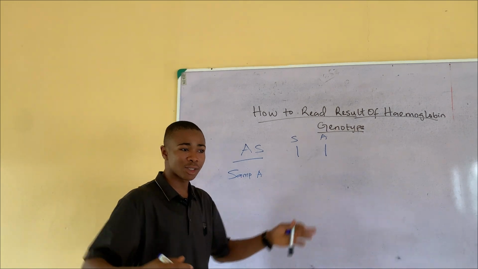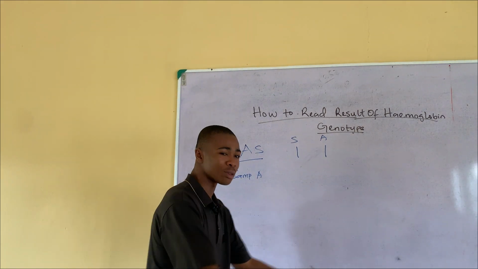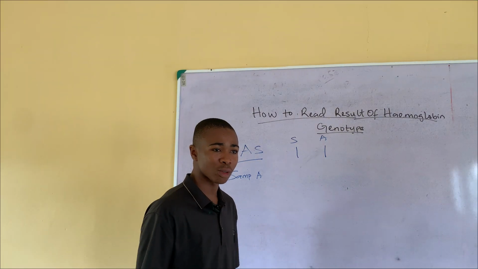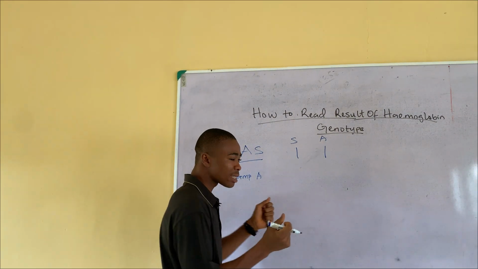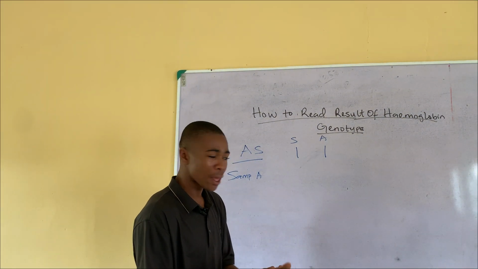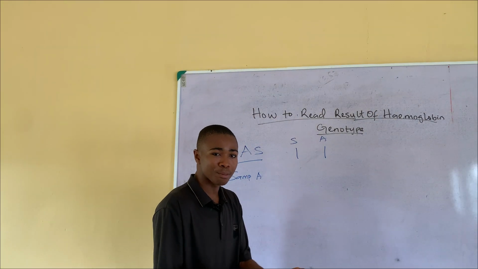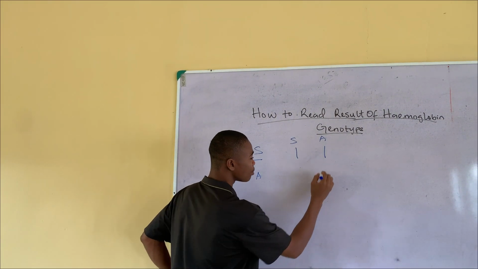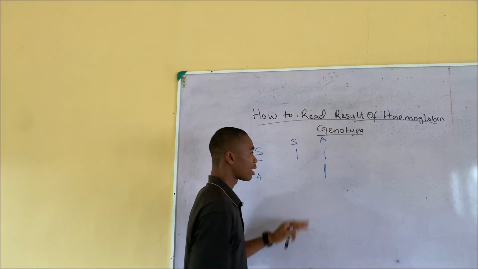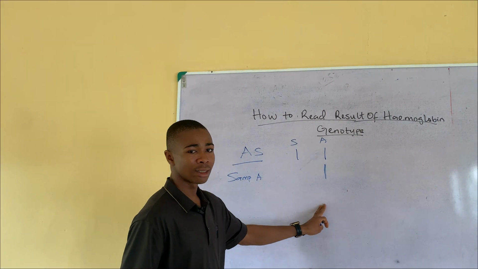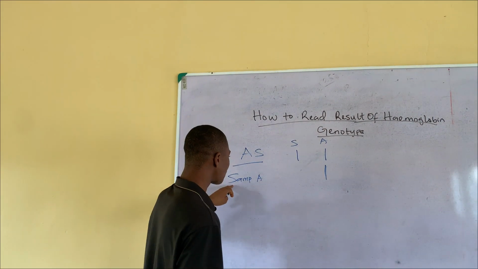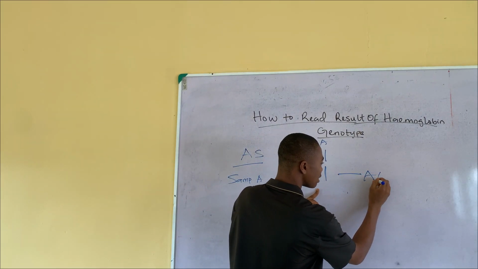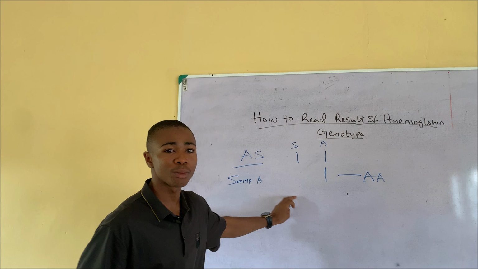AA is just like two persons going on the same lane. They'll be going together and there'll be no separation, so you know that there's a condensation. There'll be a thicker band at the A band. Then you tend to say that this sample is AA. That is in the reading of this hemoglobin genotype.